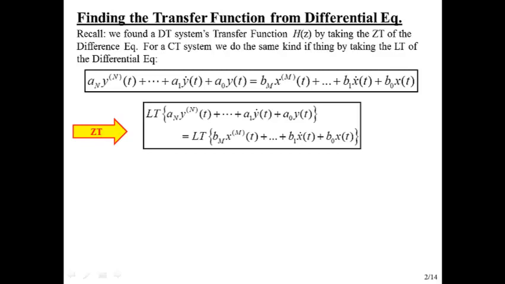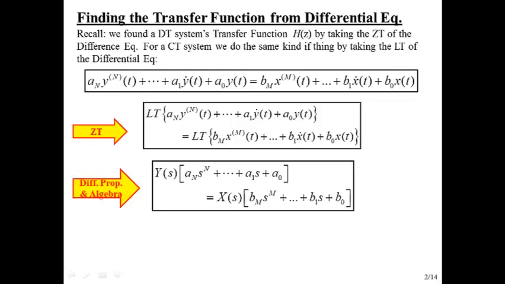So we take the Laplace transform of that, and by linearity we can pass the Laplace transform through, and we would have the Laplace transform operating on each of these terms. So the Laplace transform of y is just going to give us Y(s) times a0.